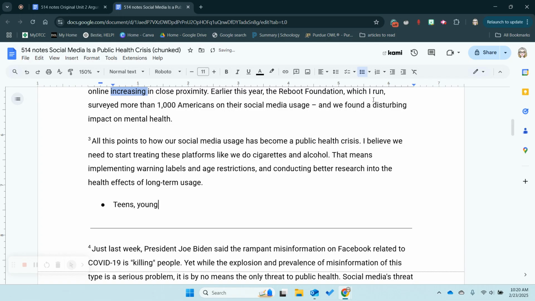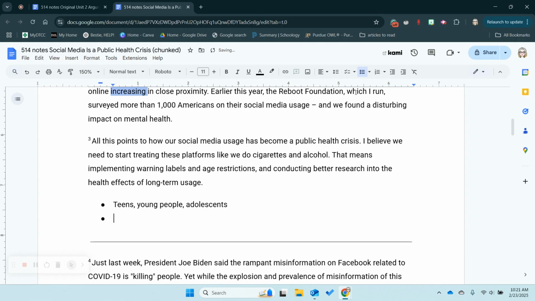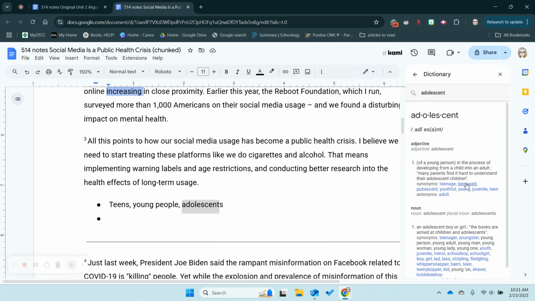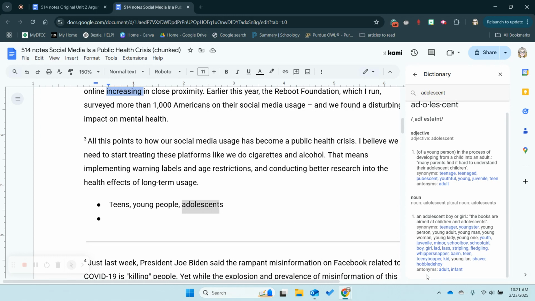Teens, young people, adolescents. Might not be able to find a good synonym here other than one of those. Let's see. We had some pretty fun ones here, like hobbledehoy. I don't know what that is. Teeny bopper, whippersnapper.